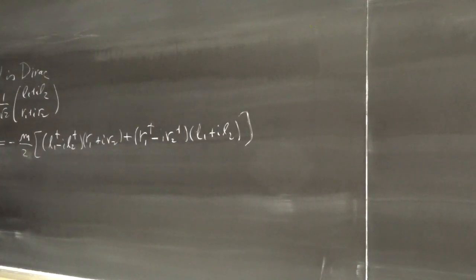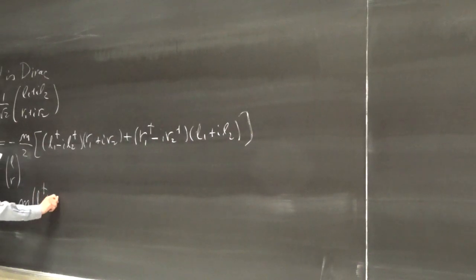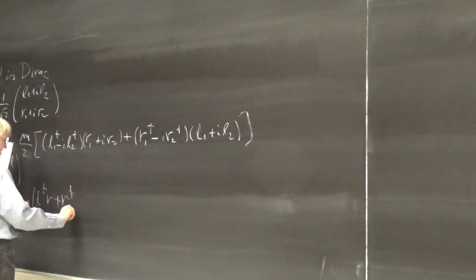Or if nu is simply a Majorana field, where you just have one left-handed field and one right-handed field, then nu bar nu is equal to minus m (L dagger R plus R dagger L).